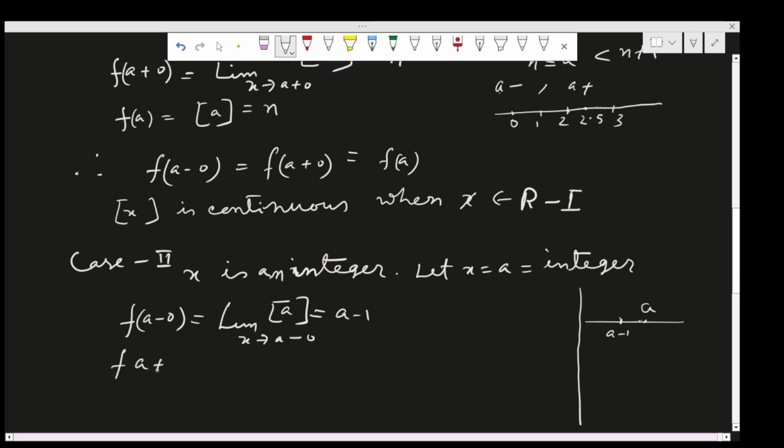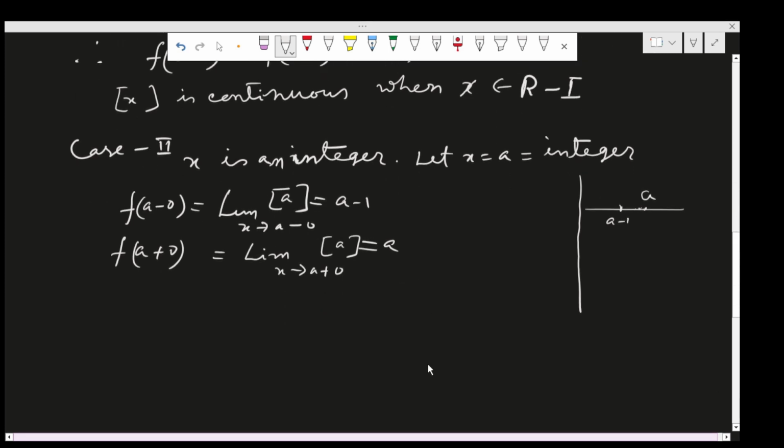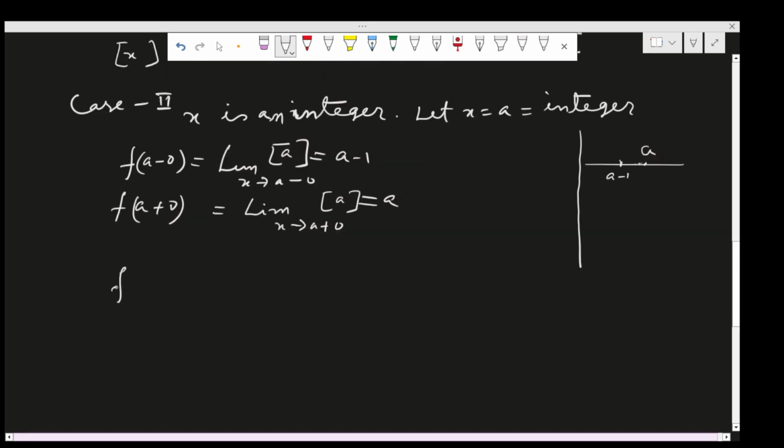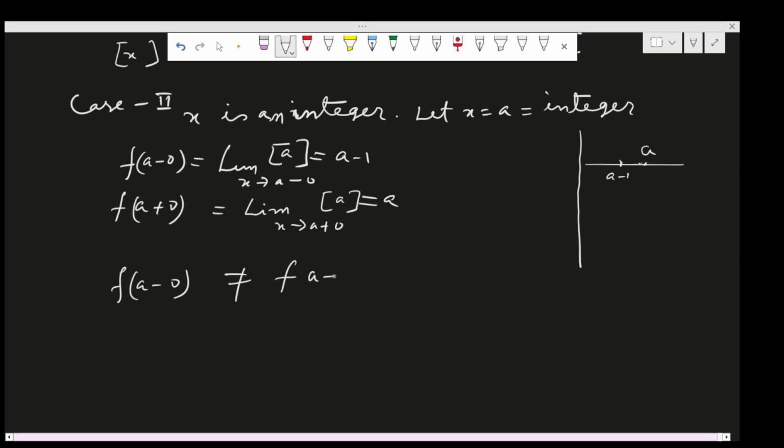Similarly, f(a plus 0) is limit x tends to a plus 0. In this case, x approaching from right hand side, all values are greater than a, so greatest integer will be a. Obviously, here it is seen that f(a minus 0) is not equal to f(a plus 0). What do you mean by that? Left hand limit is not equal to right hand limit, so limit does not exist.